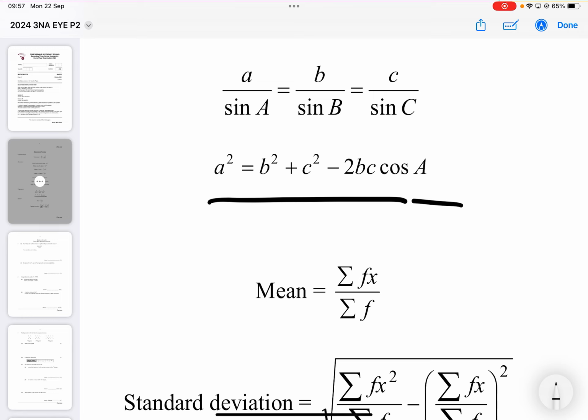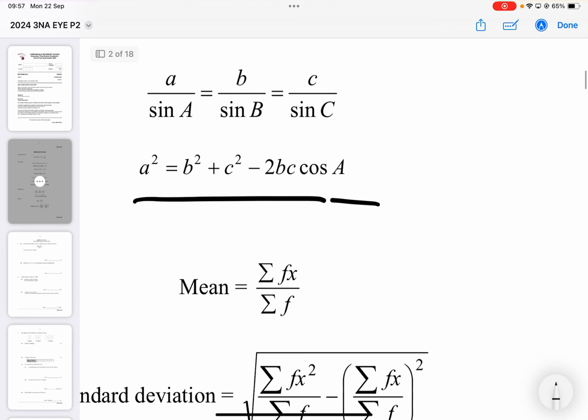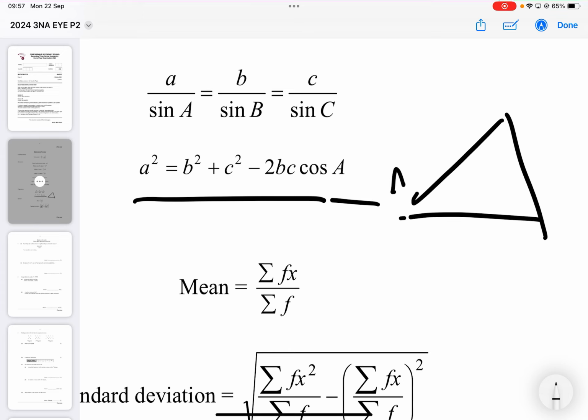So if I go back and look at the triangle, here is AC, right? But we are given this. Now we know this. And we were given this. So we should be putting our 114 here.